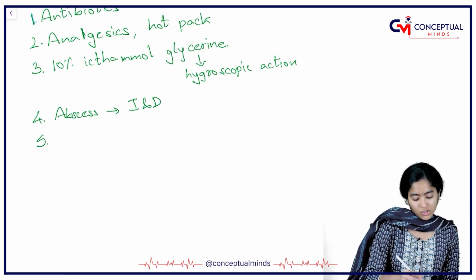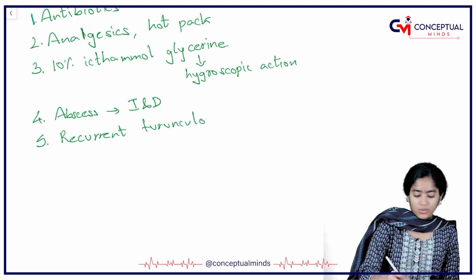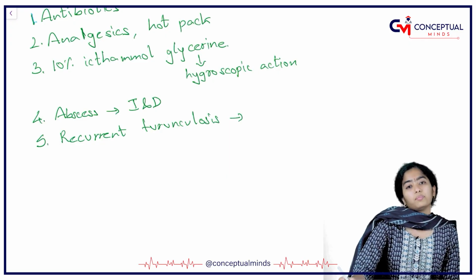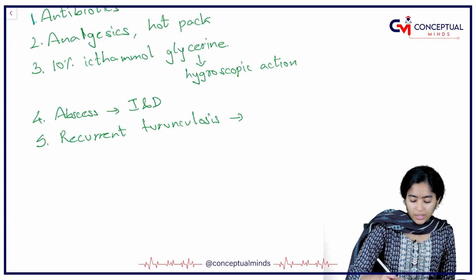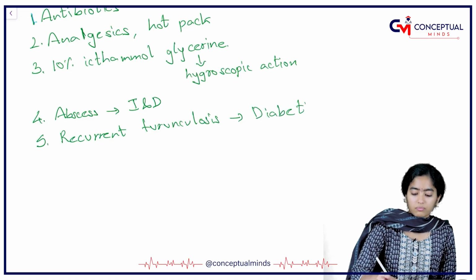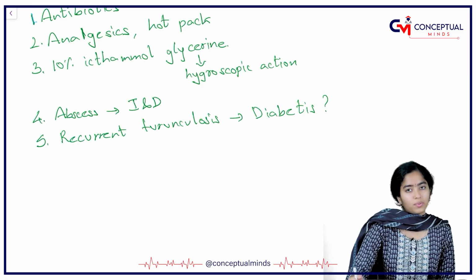Now, in case a patient is having recurrent furunculosis, why would somebody have recurrent furunculosis? In immunosuppressed or immunocompromised conditions. So, we need to evaluate the patient for diabetes. Is diabetes the cause for recurrent furunculosis? It has to be investigated.